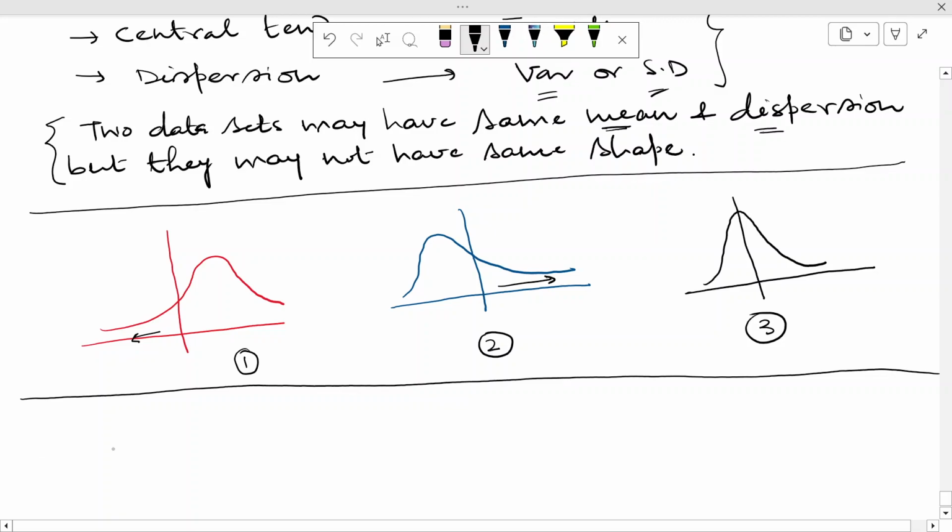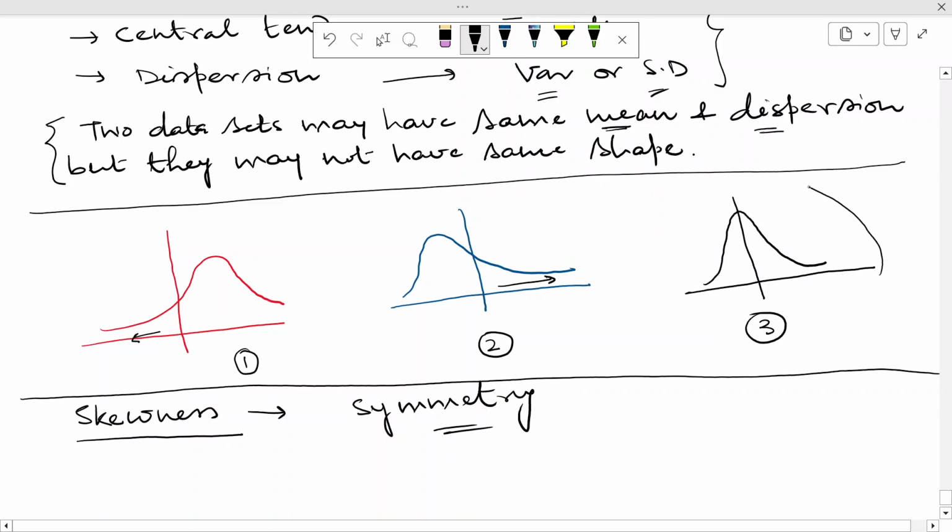Whenever we are dealing with the shape of the data, we call it skewness. The characteristic which helps us determine what type of shape we have is known as skewness. Skewness is nothing but the study of symmetry.